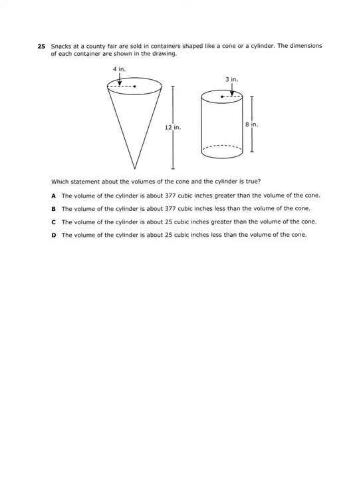25. Snacks at a county fair are sold in containers shaped like a cone or a cylinder. The dimensions of each container are shown in the drawing. Which statement about the volumes of the cone and the cylinder is true? So you have to find the volume of the cone, right? And because this is big B, you have to solve for the big B, and you have to find the volume of the cylinder.